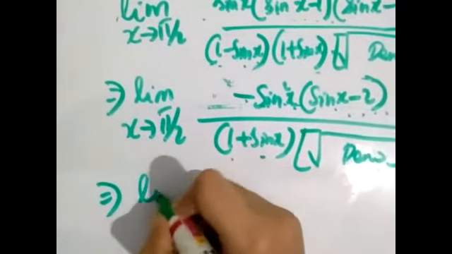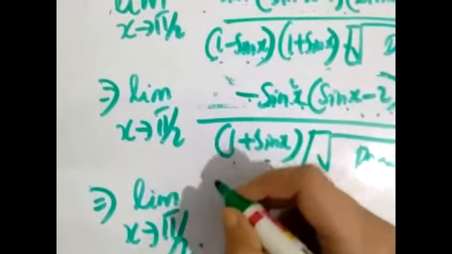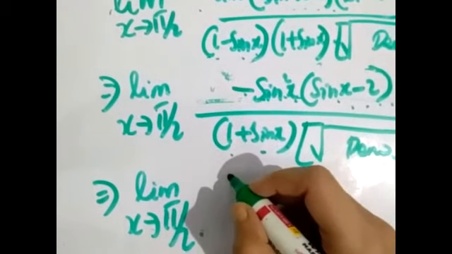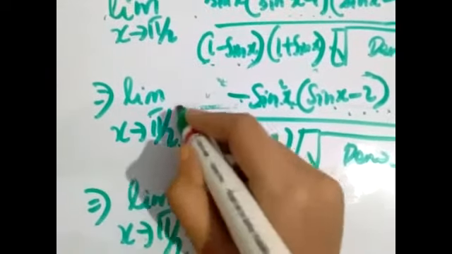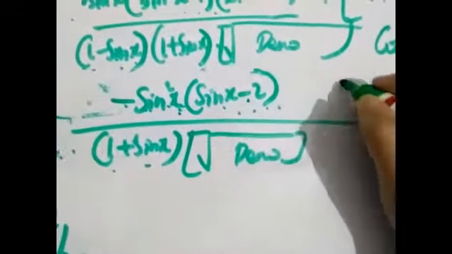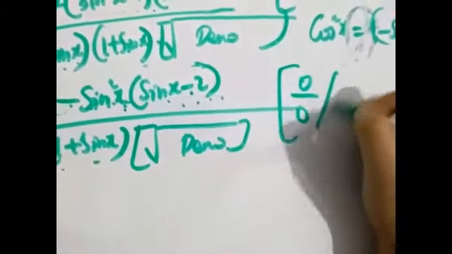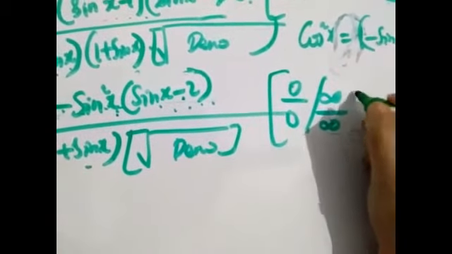So we are almost towards the end. Limit x tends to pi by 2. If you substitute the limit over here to all the x, you can find that I don't get zero by zero or infinity by infinity or 1 raised to infinity.